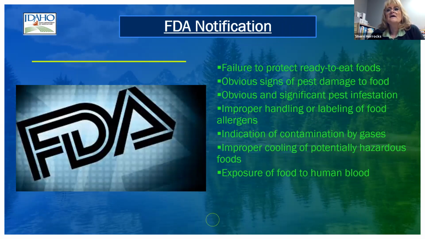That would be, such as maybe we saw something out in the field that actually damaged the product and contaminated it, and then we have to report that to FDA. Obvious signs of pest damage to food, significant pest infestations, improper handling or labeling of food allergens, indication of contamination by gases or cooling of potentially hazardous foods, or exposure of food to human blood.